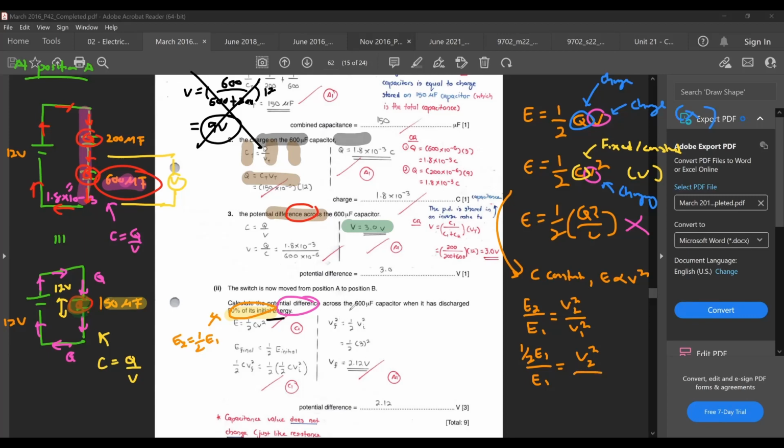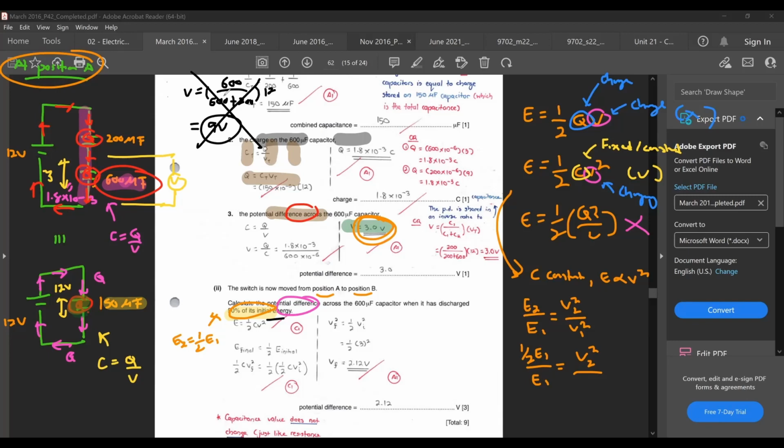Your initial voltage V1 should be 3 volts, because when you are switching from position A to position B, at position A you were talking about your 600 microfarad capacitor, and you already calculated the voltage across it as 3 volts.